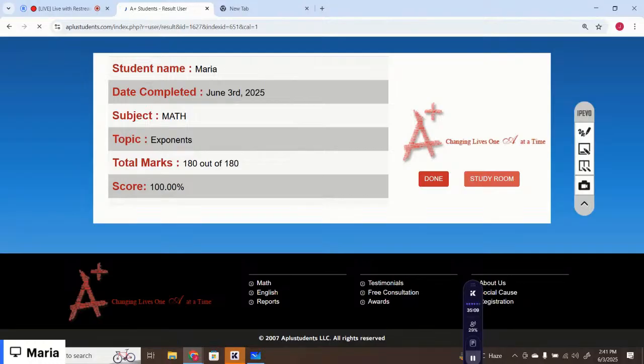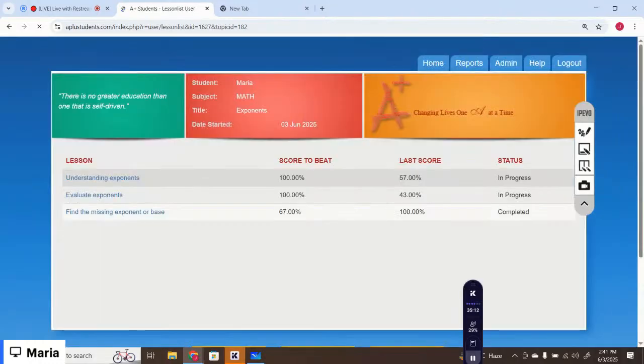Okay, we are done with the lesson. We will be working on grade 5 math. The chapter we were working on is exponents. The lessons we have covered today are understanding exponents, evaluate exponents, find the missing exponent or base.